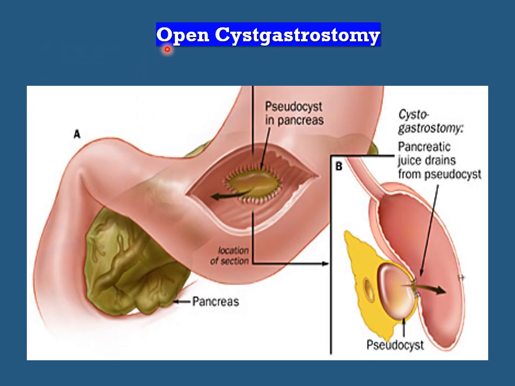Okay, this is an open gastrostomy just to illustrate what the cyst gastrostomy is all about. This is the anterior wall of the stomach that has been opened up to reveal the posterior wall. You see the posterior wall, there is a pseudocyst adherent to it. So what you do is you make an incision and create a fistula between the cyst and the stomach.